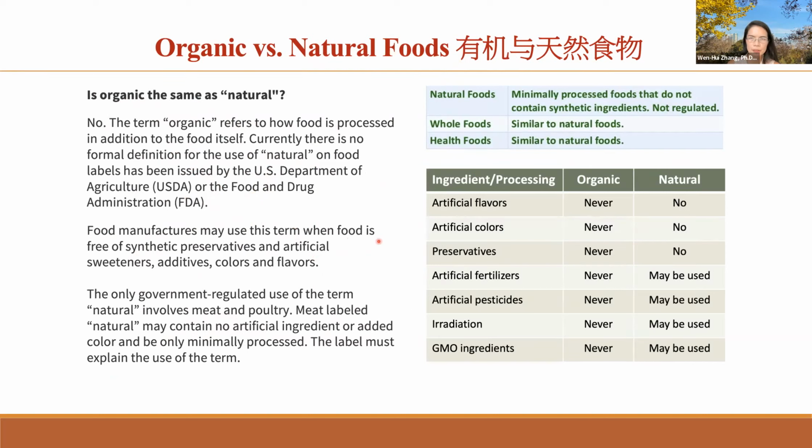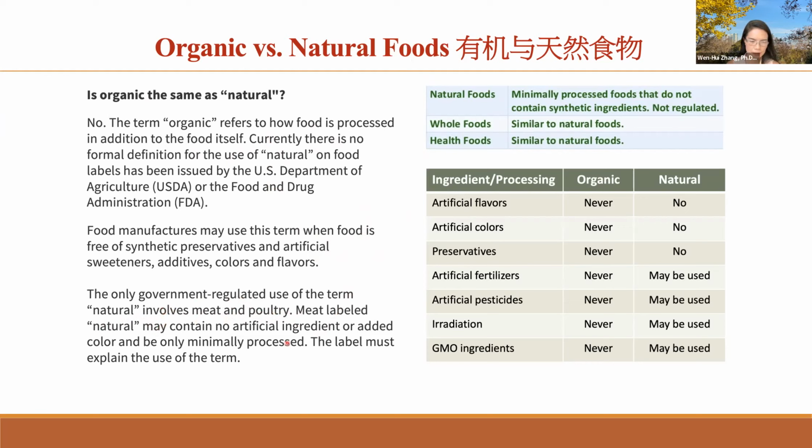But food manufacturers may use this term, even though it doesn't mean much, because there is no regulation. But when it comes to meat and poultry, the government actually regulates the term natural.